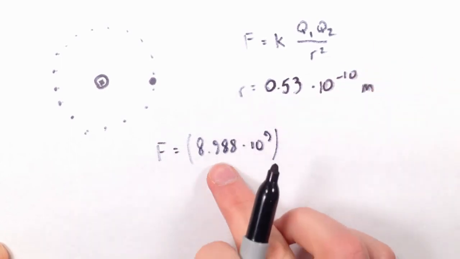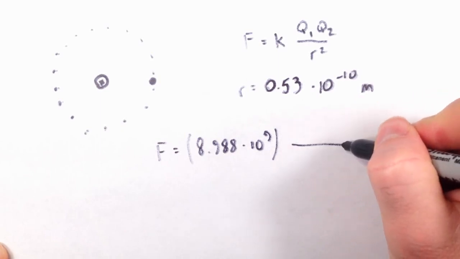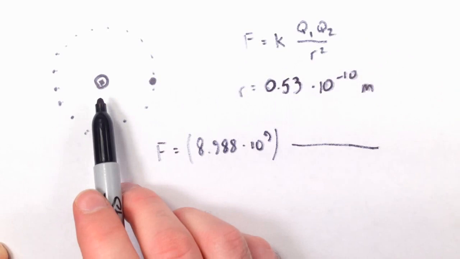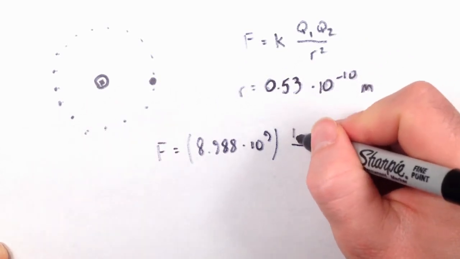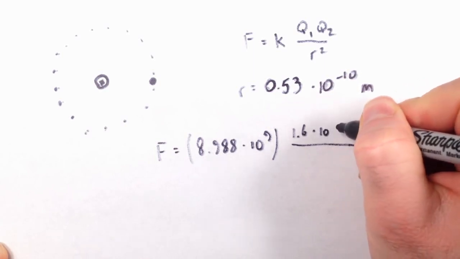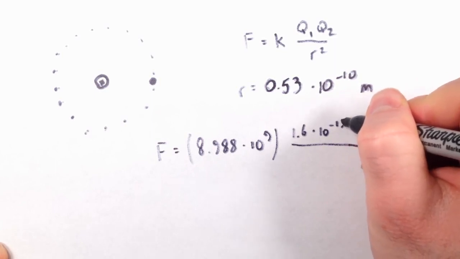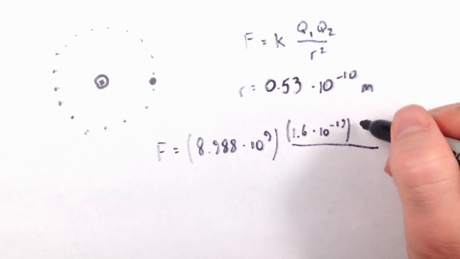Okay, that's K. Now I have to multiply that by this fraction. So the charge of the proton is 1.6 times 10 to the negative 19th. The charge of the electron is the same thing, but it's negative.